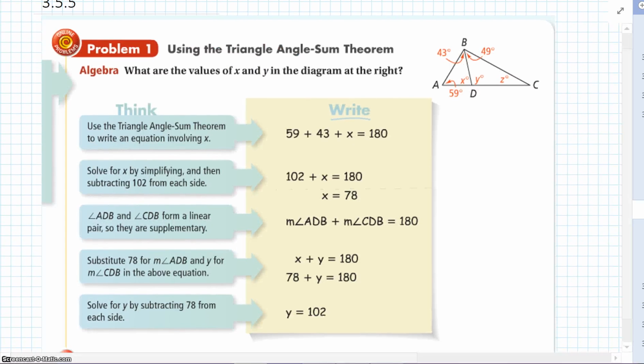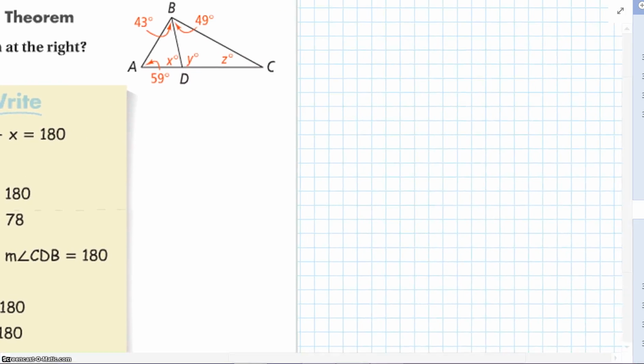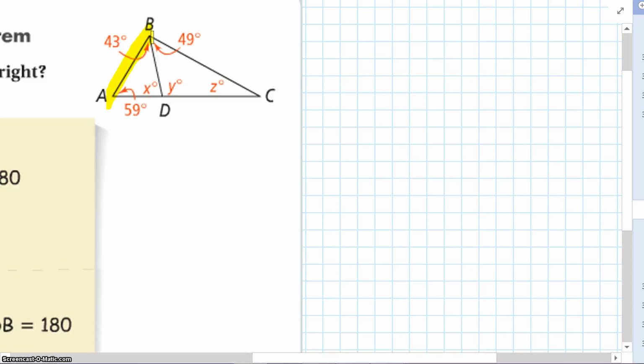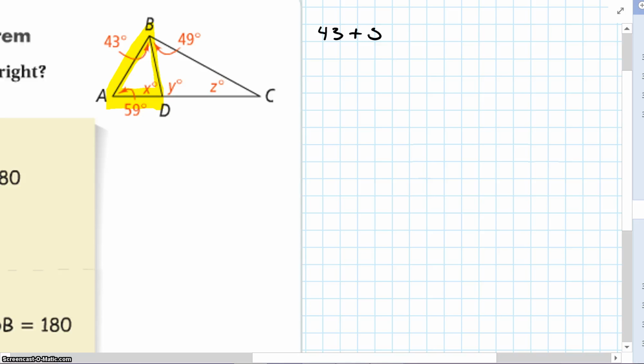All right, so here we go. Use the triangle sum theorem. What are the values of x and y? Okay, so let's look. What can we know first just by looking at x and ABC? Well, this little triangle has a sum of 180. I have two angles given, so I know I can say 43 plus 59 plus x equals 180.